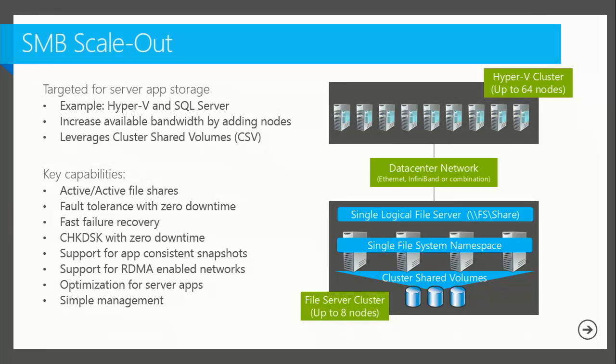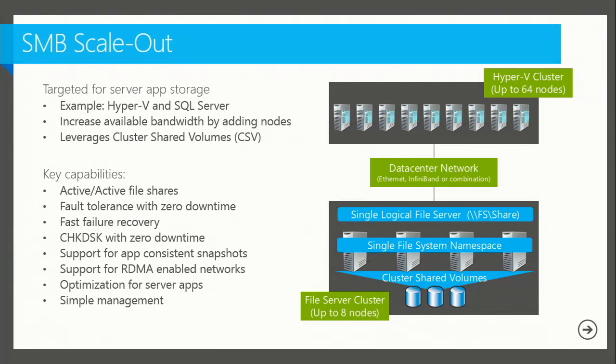So if each node has a 10 gig NIC, if you have 4 nodes, you can effectively pull 40 gigs of throughput out of that cluster, assuming that whatever storage backend you have can keep up with that demand. Okay?